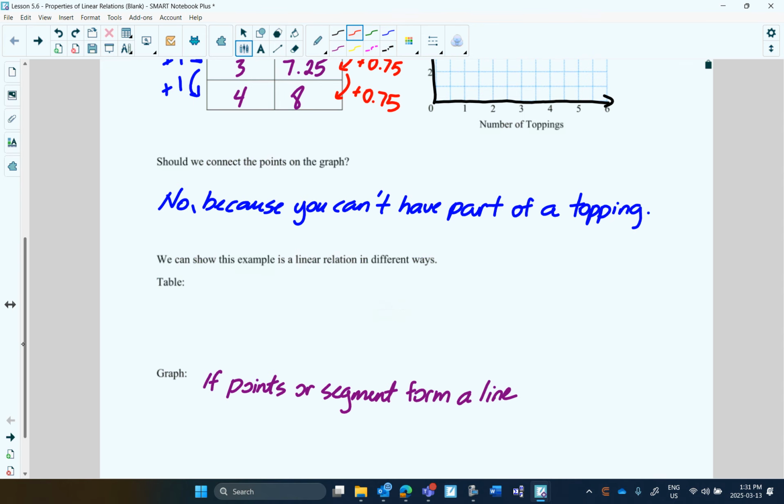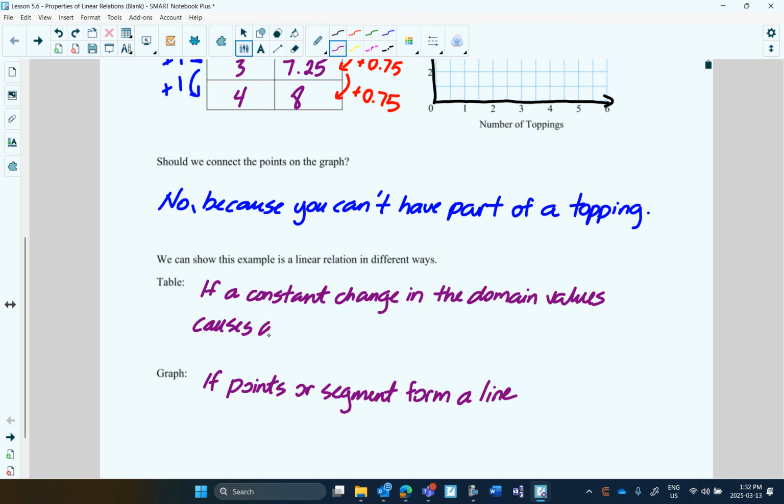So to explain that, okay, if a constant change in the independent variable, we could call it domain values, so I'm going to call it domain values, causes a constant change in the range values, it is linear.